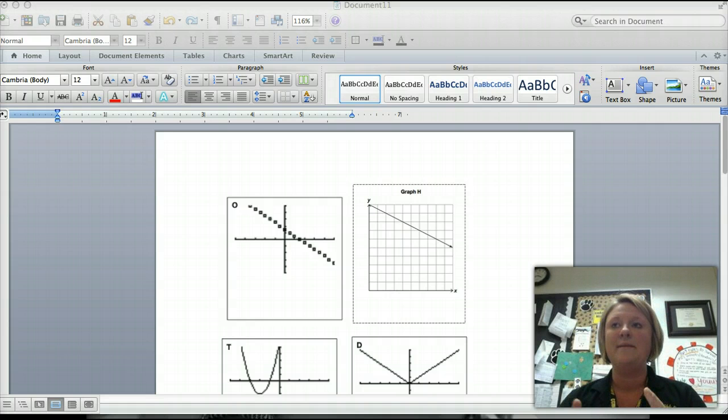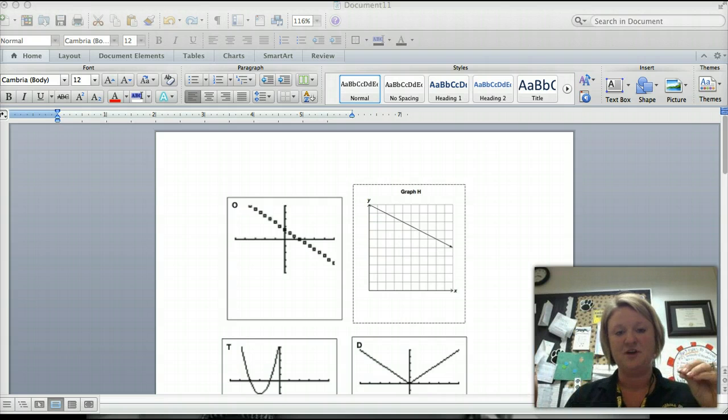We also matched the graphs with the appropriate problem situation. If it was something where time continued but the distance stopped, for example, the girl who ran to school and then got caught in a cobweb and then she continued running, time is still ticking, but her distance stopped for that period of time in which she was caught in the cobweb.